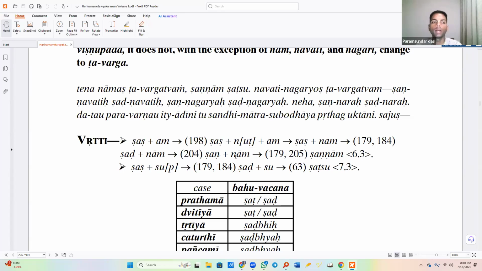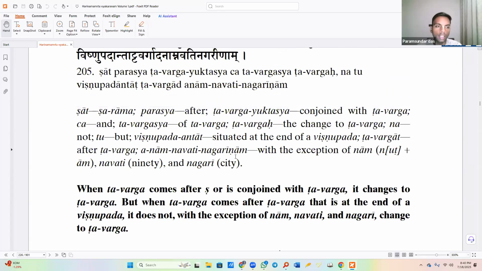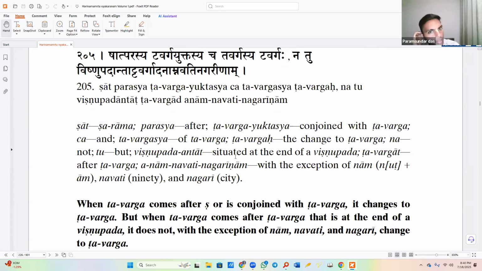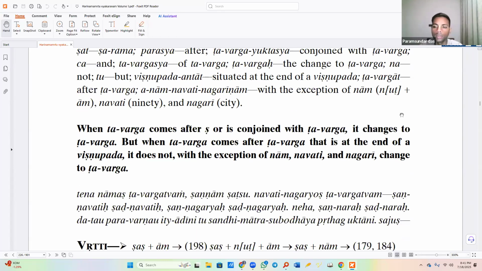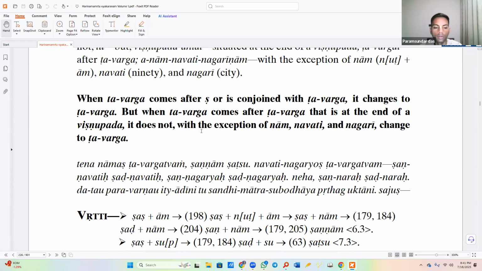Now at this point, we will apply this rule, current rule. Shat parasya tavarga yuktasya cha tavargasya tavargaha natu Vishnu padantat tavargada nama navati nagari nam, which means when tavarga comes after sha, in this case, okay, we don't have this example here. It will come ahead.